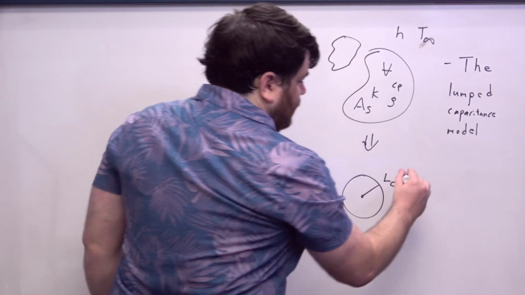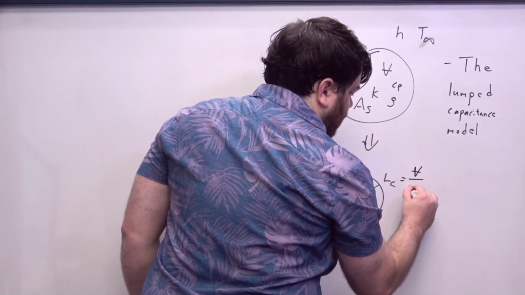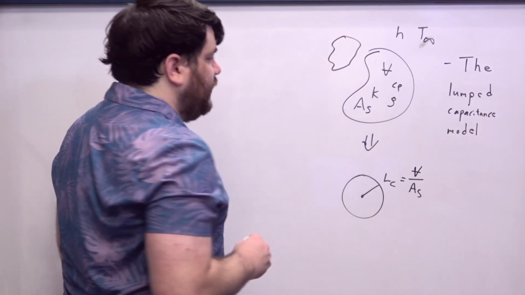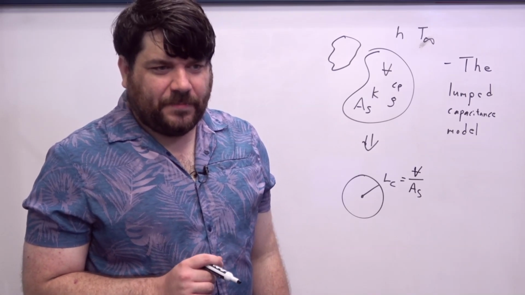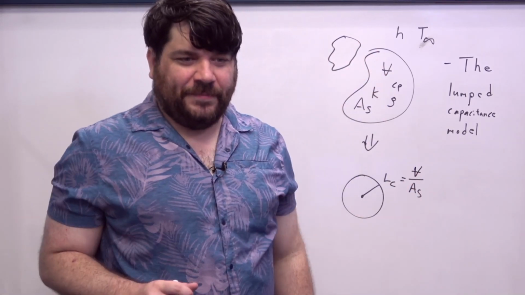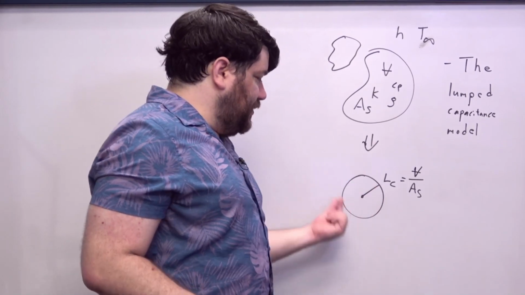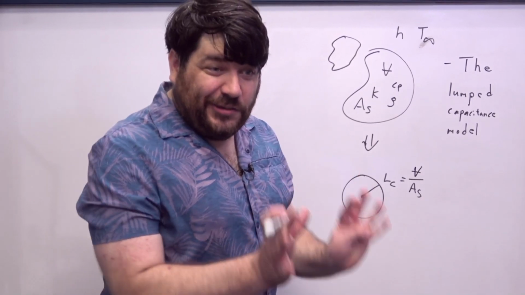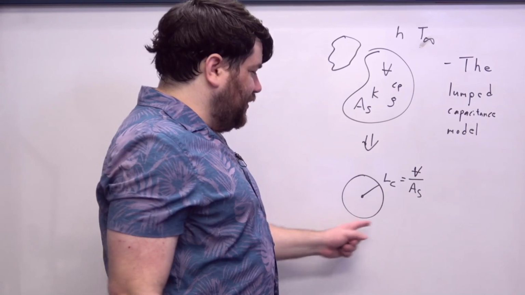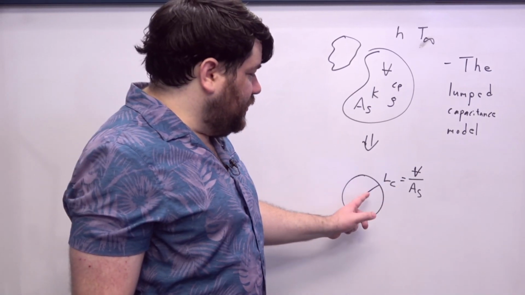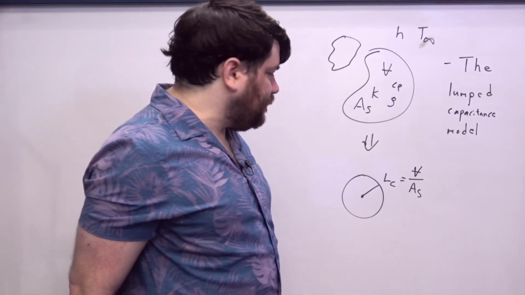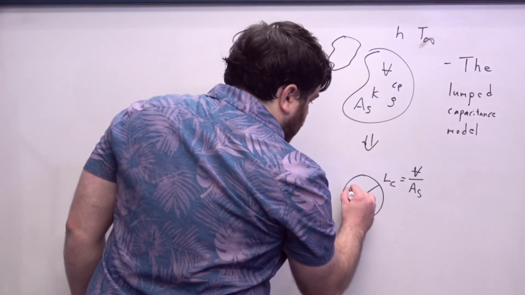This characteristic length is just the volume of the original object divided by the surface area of the object over which the heat transfer is taking place. Okay? Which, for this potato, is just all of it. So we have a sphere. We're going to assume that heat transfer is happening one-dimensionally over this representative sphere, and we're going to assume that the radius of the sphere is L_C. Okay? But it's going to have the same material properties.